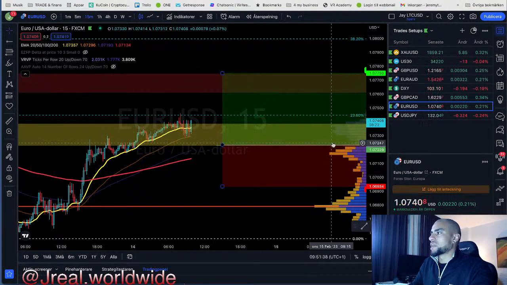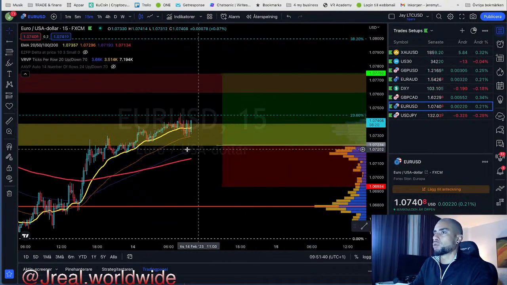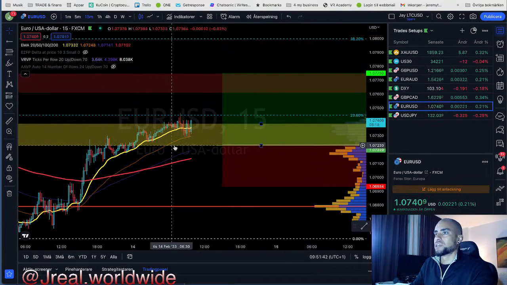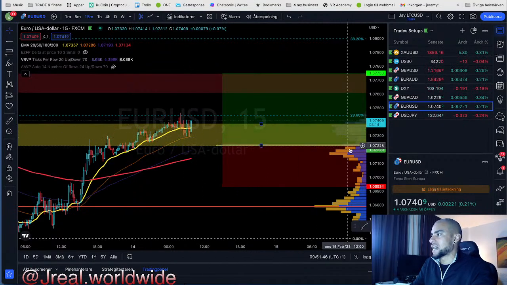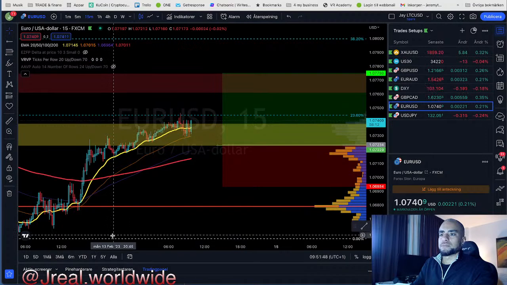Another correlation that shows that we have good support at this zone here, at the bottom of the sweet spot zone, is the volume.